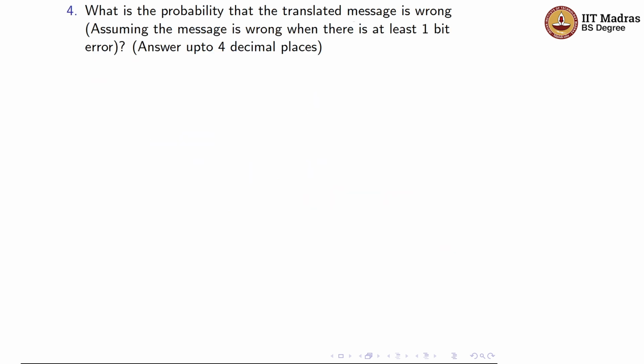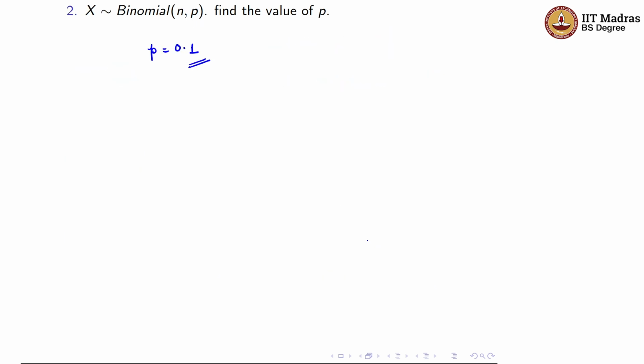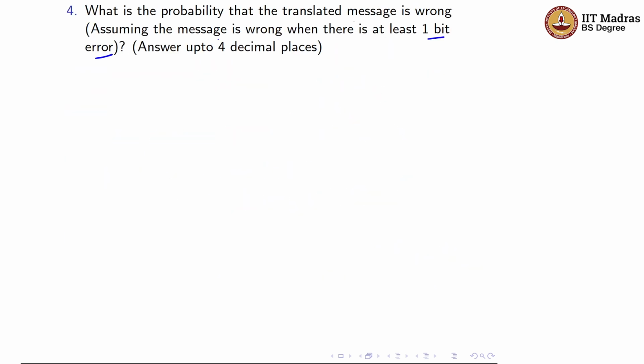Question number 4: What is the probability that the transmitted message is wrong, assuming a message is wrong when there is at least one bit error? We know that one bit error is the same as one bit changed, and the random variable X is the number of bits changed. The message is wrong when there is at least one bit error, which means X should be greater than or equal to 1.